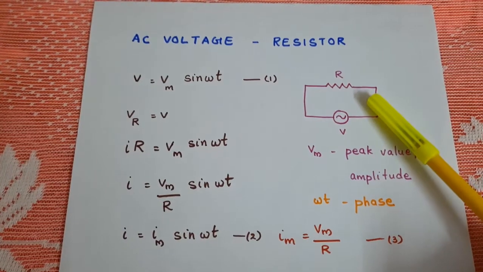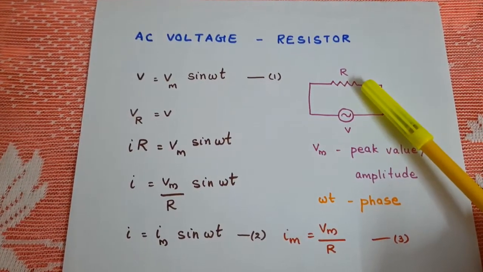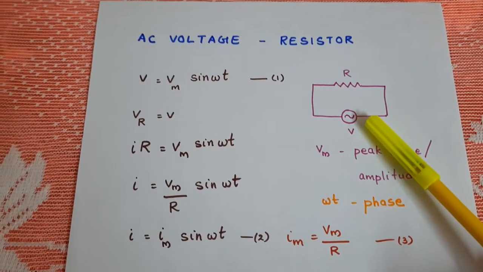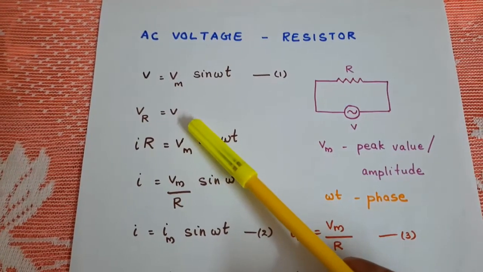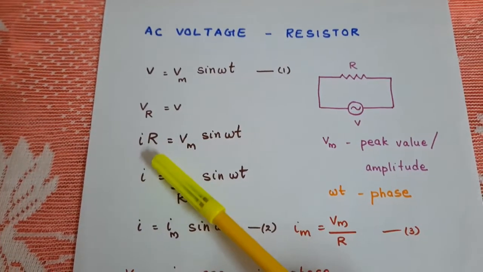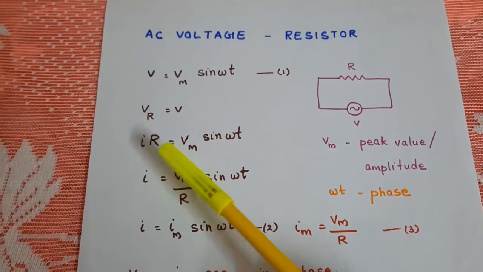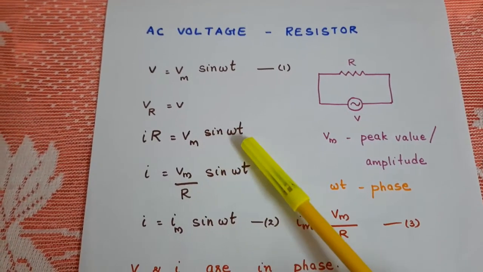Only a resistor is present in the circuit, so the potential difference across the resistor is equal to applied voltage V. So VR is equal to V. Voltage across the resistor is current into resistance, IR, which is equal to AC voltage Vm sin omega t.